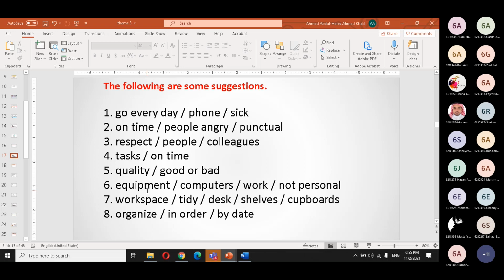And number 7, you must keep your workspace tidy, like desk, shelves, cupboards. And the last one, you must organize your files either in order or by date. Okay, in alphabetical order or by date.